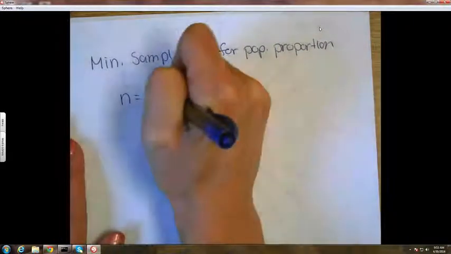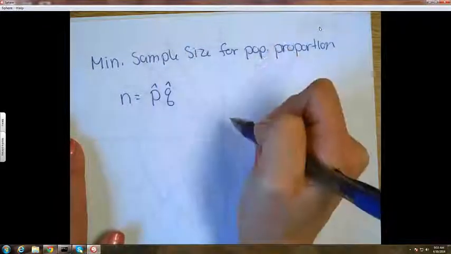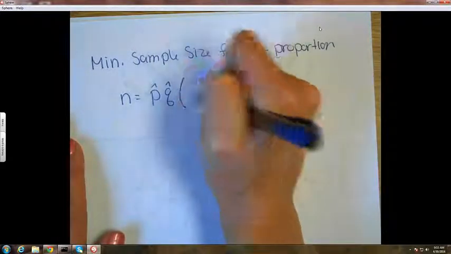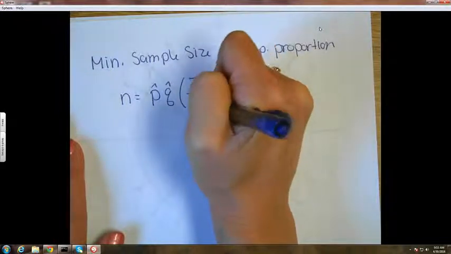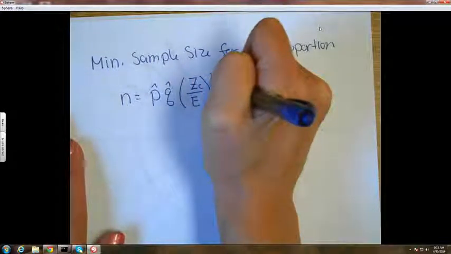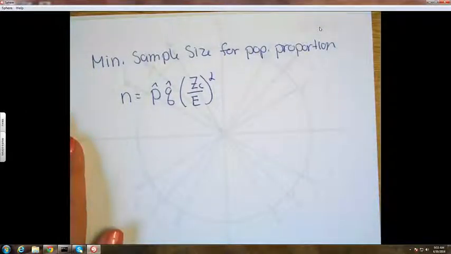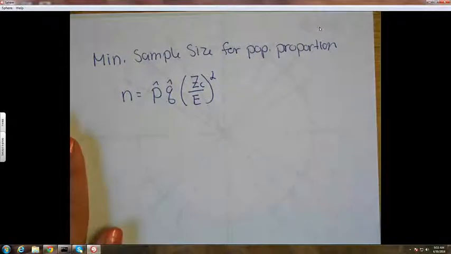P hat, Q hat times the fraction z-score over error, squared. This is the one, if P hat is not known, use 0.5 because that will create the biggest possible sample.